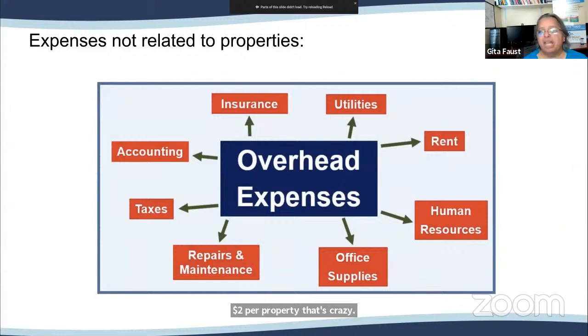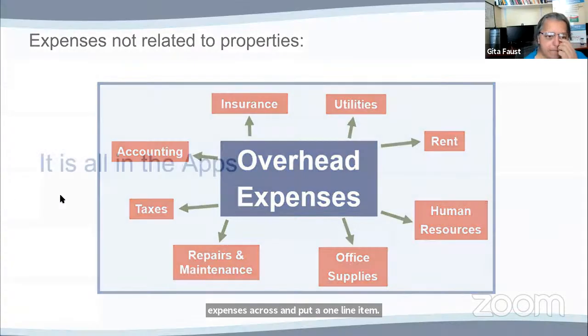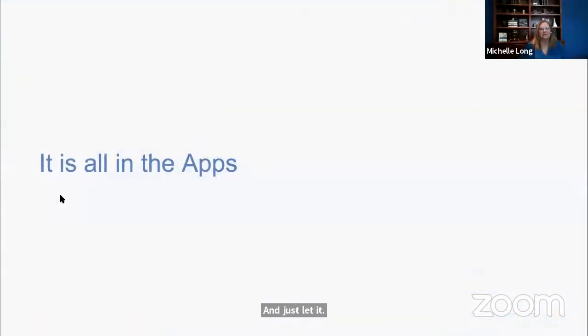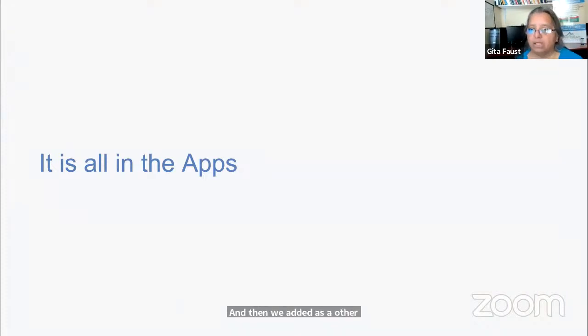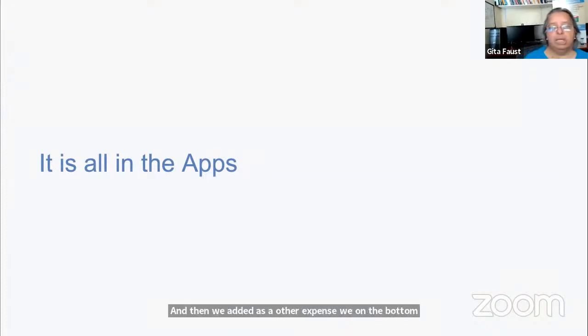So we just create a general account for reallocated expenses and put in a one-line item and just split it. That makes sense, to focus on the high dollar items and not all the little ones. Exactly. And then we add it as an other expense way on the bottom. We don't put it along with the property expenses.